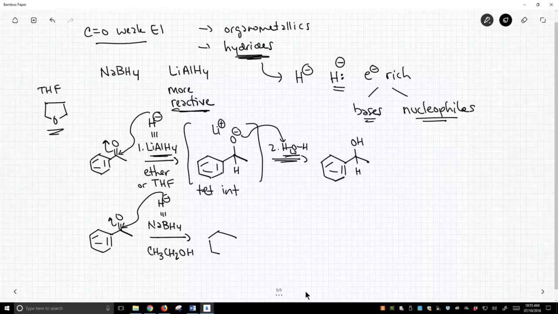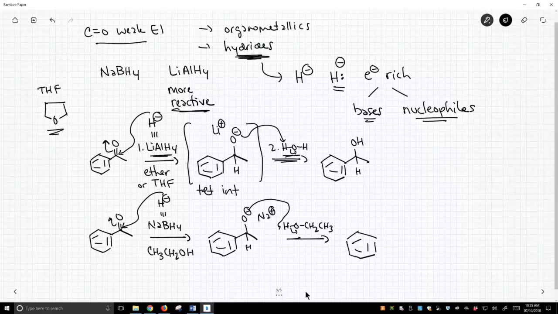We form this very same tetrahedral intermediate. Like I said, these are almost interchangeable. Now we don't need a second step with sodium borohydride because we have our proton source, ethanol, in the reaction. And so we don't need to add water. We already have a protic solvent, ethanol, and we get to the same place.